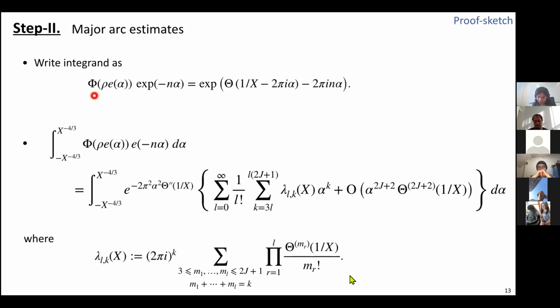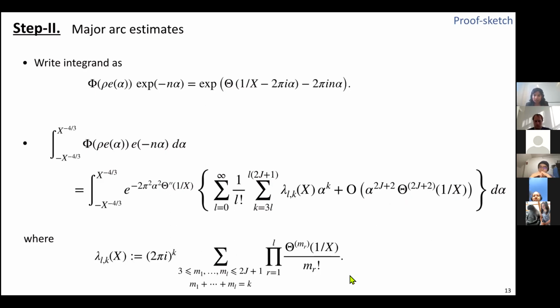We first write this integrand as exponential of something, and then we write the Taylor series expansion for the exponential function. Writing it exactly, I have written it this way. But for the Taylor series expansion, we truncate it. Instead of writing it up to infinity, here I take it only up to g, and then the rest goes into the error term.